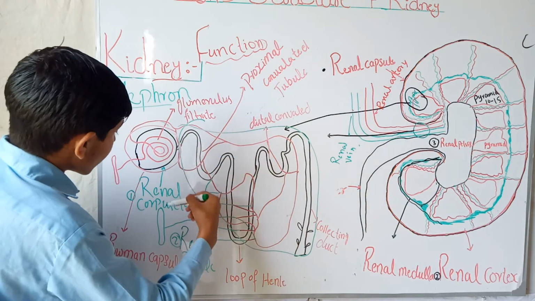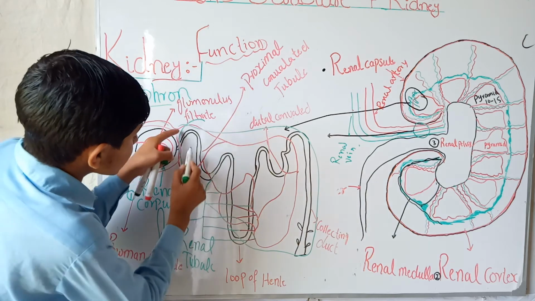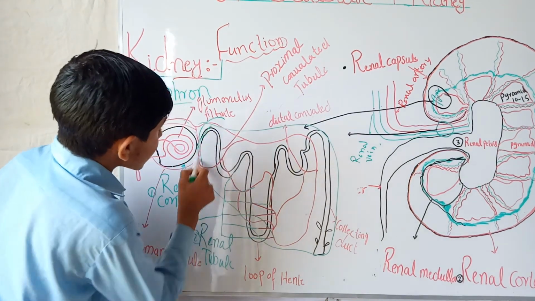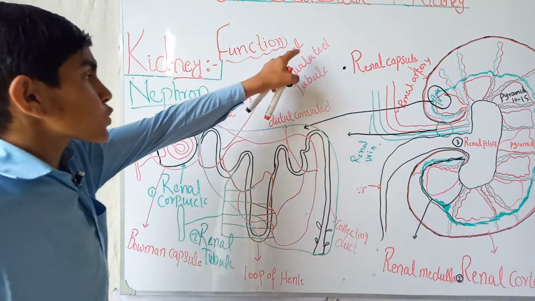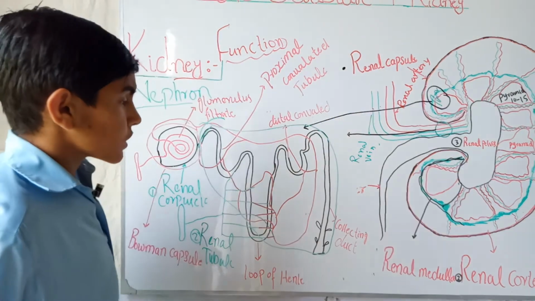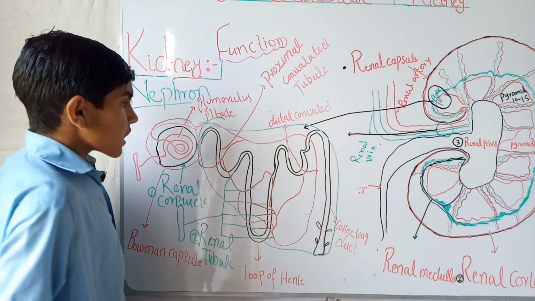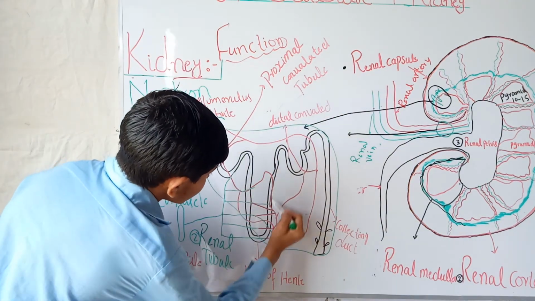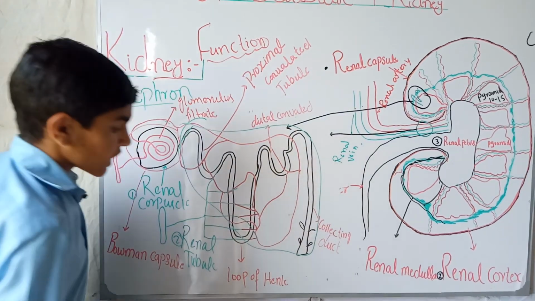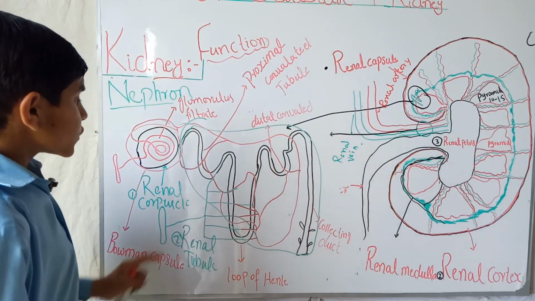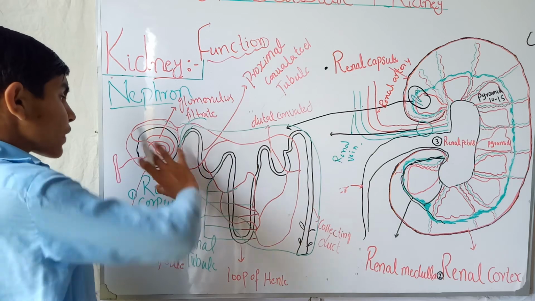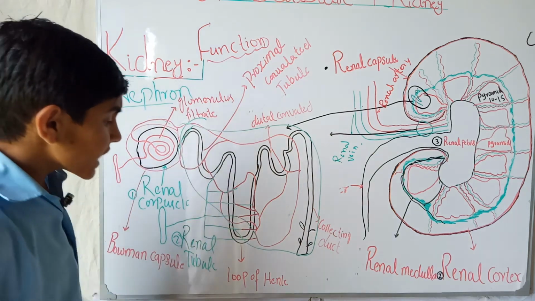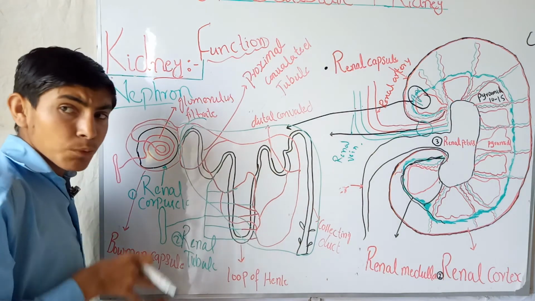After the renal corpuscle, this portion is called the proximal convoluted tubule, and after this is this U-like structure, which is called the loop of Henle. In this portion reabsorption occurs.